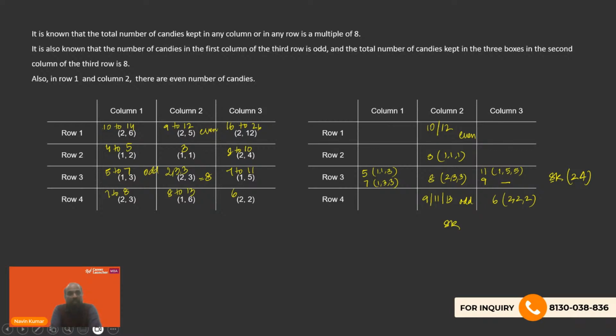Okay. Let's see how we can make a multiple of 8. As of now, 8 is already there. So we need the sum to be an 8 or 16 or 24 or 32 and so on. So 10 plus 3 plus 9, which is going to be 22, right? No. 12 plus 3 plus 9, this is going to be 24, right? 10 plus 3 plus 11, this is going to be 24. 10 plus 3 plus 13, no. 12 plus 3 plus 13, this is also not 24.